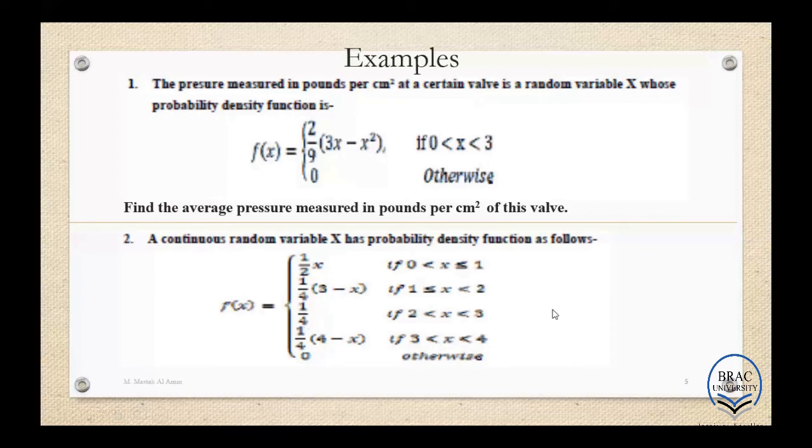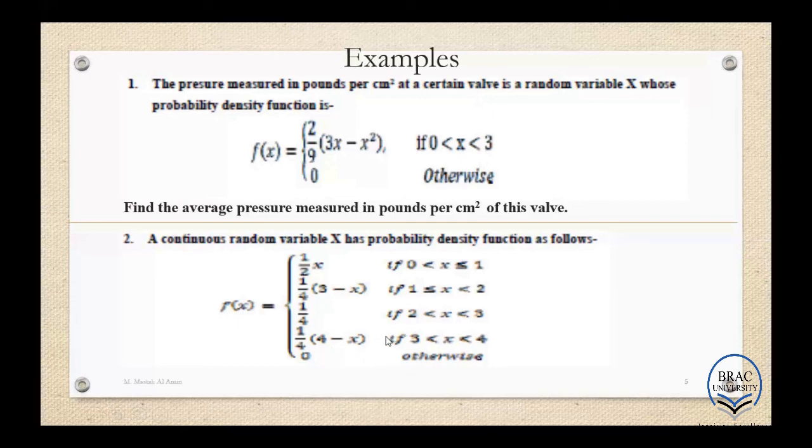The first part is the integration from 0 to 1 of x times half of x dx, plus the integration from 1 to 2 of 1 by 4 times 3 minus x times x dx. Similarly, the third one is the integration from 2 to 3 of x times 1 by 4, and for the last one, the integration from 3 to 4 of x times 1 by 4 times 4 minus x dx.